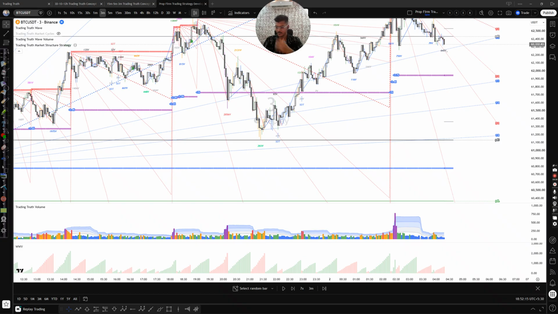Midpoint rising. So long trade on bullish wave volume divergence: this is gonna be my midpoint is rising, and I see bullish wave volume divergence there. So that's my long trade.